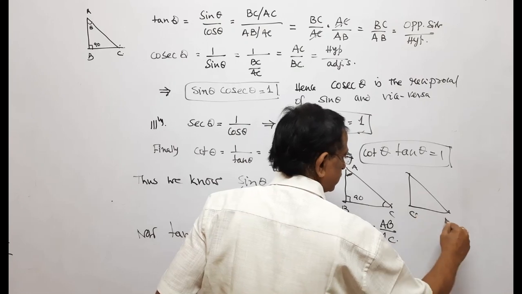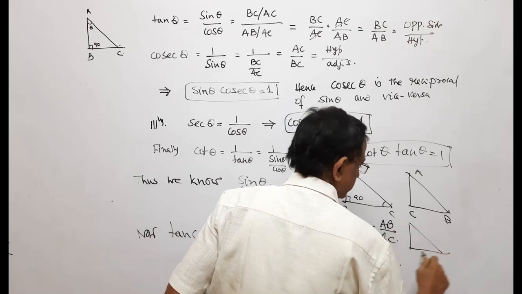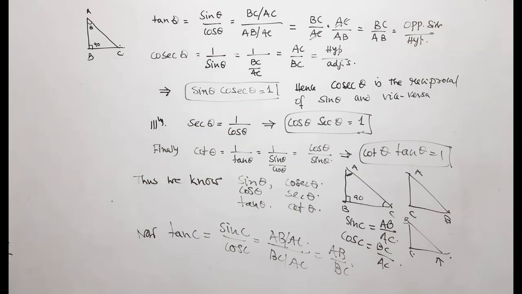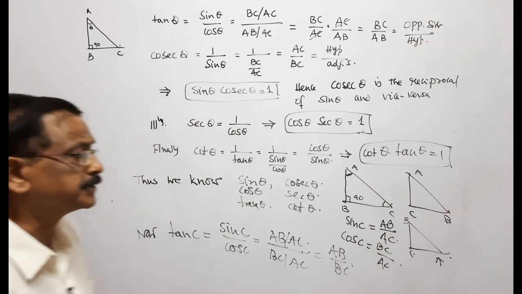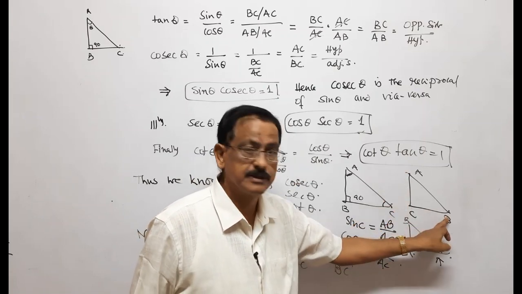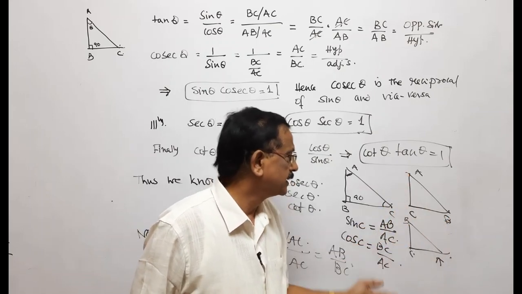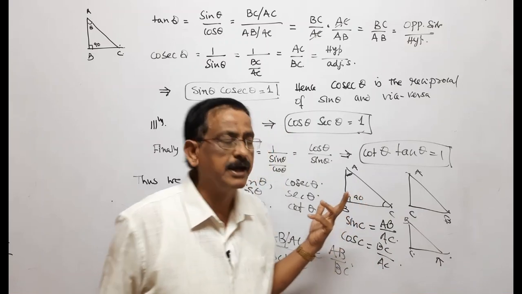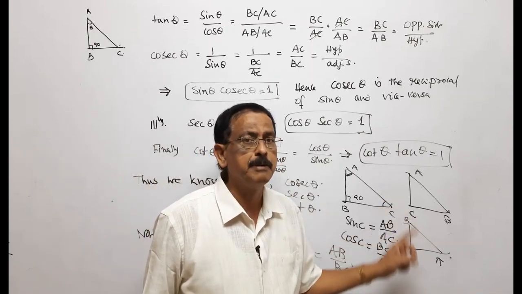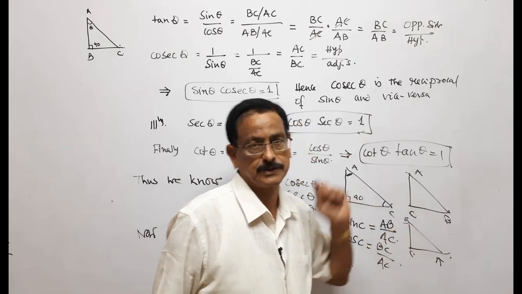This is C, this is B, this is A. Someone may be interested in writing like this: C, 90, B, A. It's only a naming. One should not be confused with the labeling of the vertices. These are called vertices. We can write them in any way, whatever we like. But when we are writing a right angle triangle, you should specifically talk about which vertex the right angle is at.